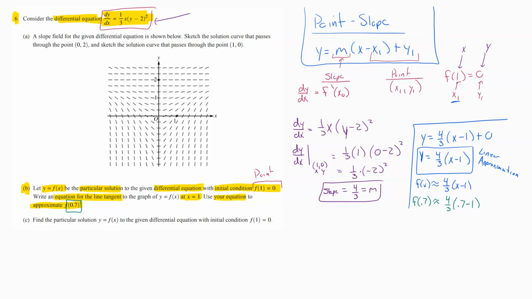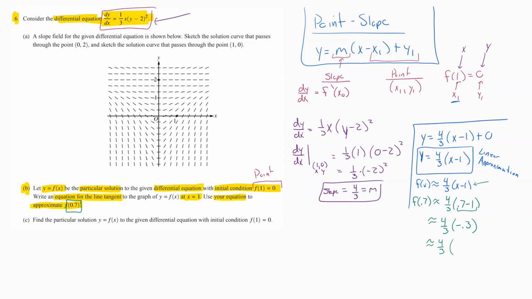Because of this tangent line approximation that they want us to do, it's usually nice not to multiply this thing out, because this math becomes a little bit easier to do. So from there you would get that 4/3 times (0.7 minus 1) is 4/3 times negative 0.3. I think they would almost let you leave it like that, but if you needed to go a step further, you would say that's negative 3/10.